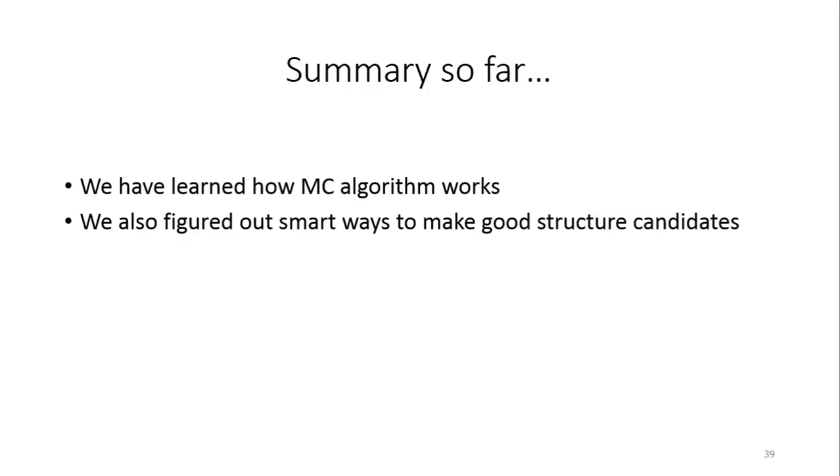So we have learned how the Monte Carlo algorithm works, and we have figured out some smart ways by which you can make a good structural candidate, or generate a lot of structural decoys. So far so good. We figured out how to get a good folded structure.